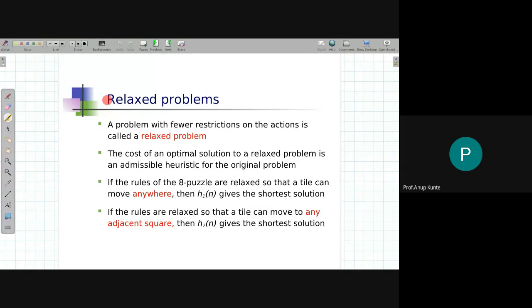Now, one way to solve the identification of heuristics or finding better heuristics for a problem is by getting the heuristics out from a relaxed version of the problem.